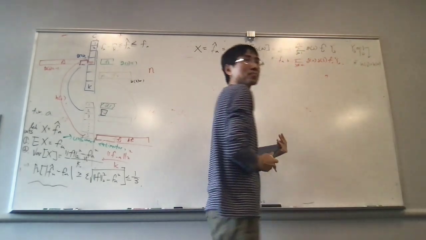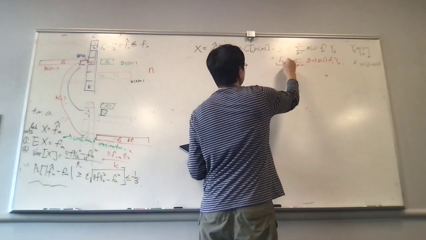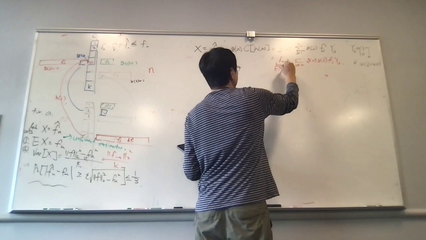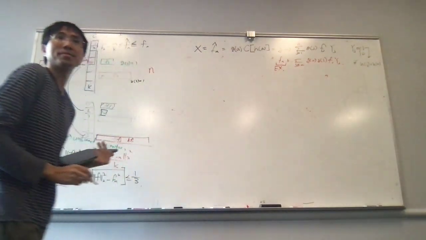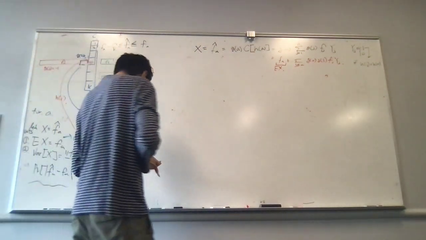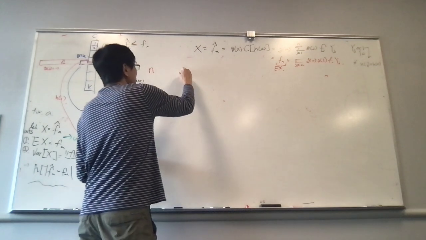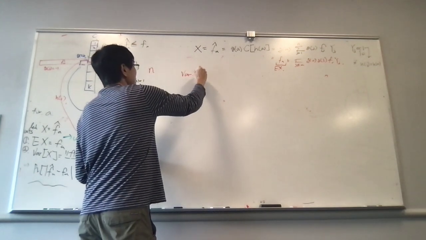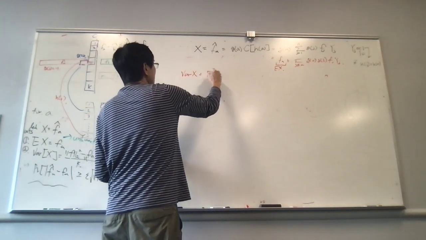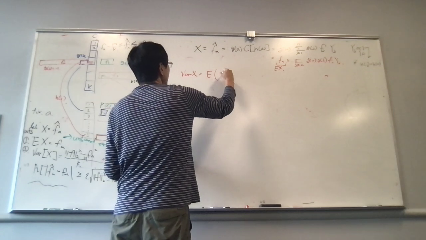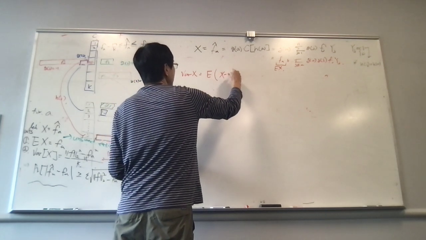And we showed that this is E of X already. So then what I want to know is this: the variance of X is nothing but the expectation of the square of X minus E of X.